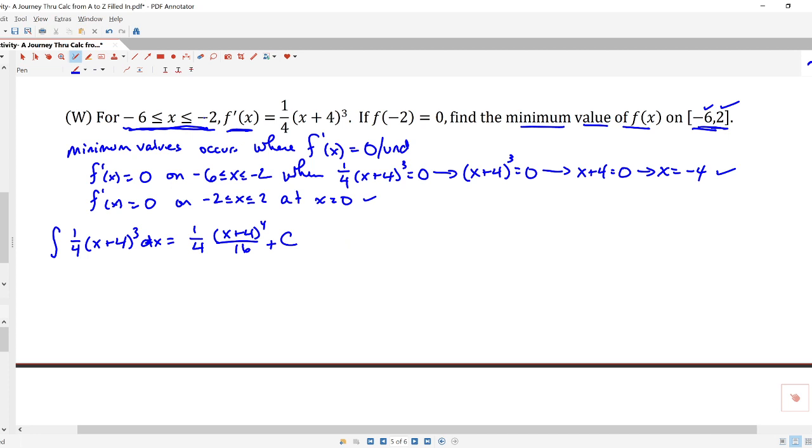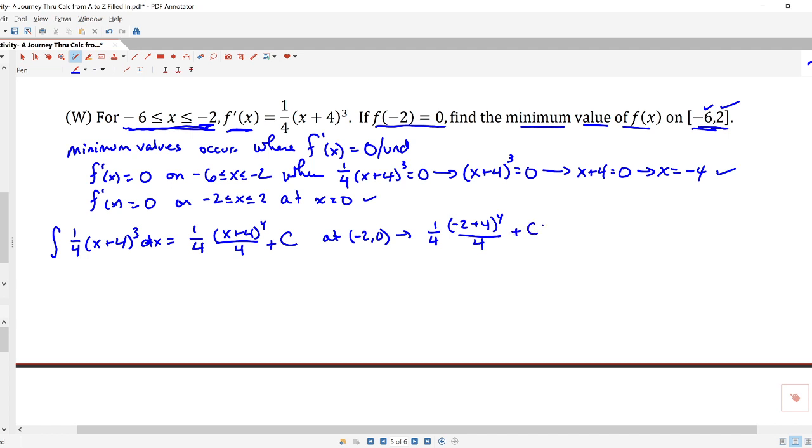We know that -2 is on this interval. So if f of -2 is 0, that means (1/4 times (-2 plus 4)) to the 4th, I need to go back here. This 16 here should actually be 4. Apologize.